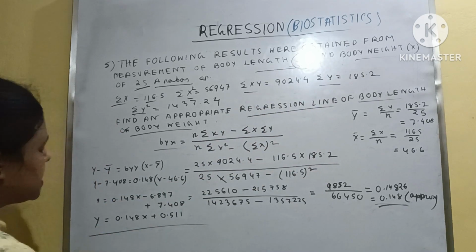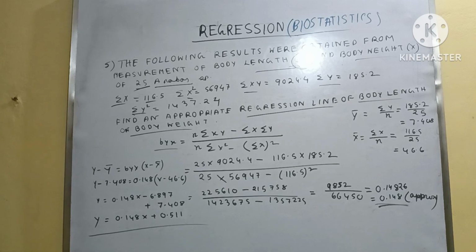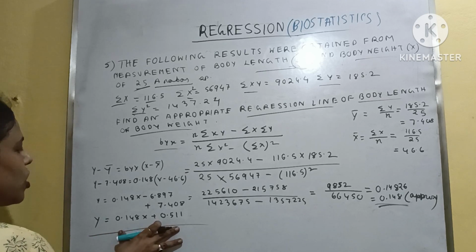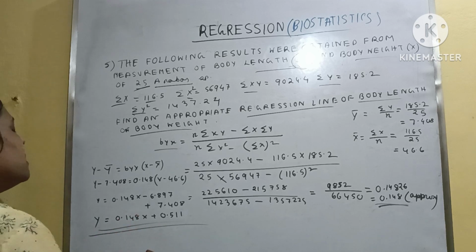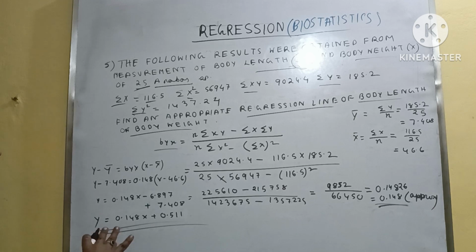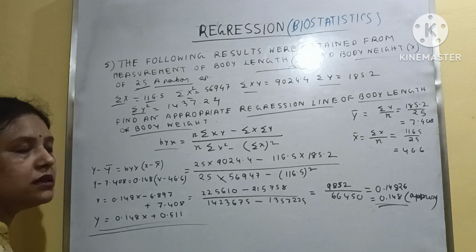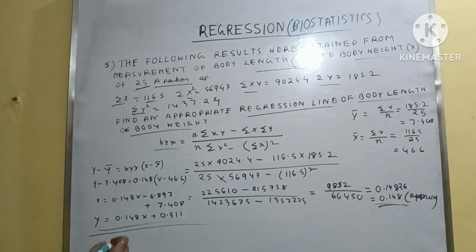So this is the answer, and in the graphical method, by putting different values of x we will get y values, and then we plot the values of x and y and we will get a straight line. You can check at home in your own copy whether it shows a straight line or not.